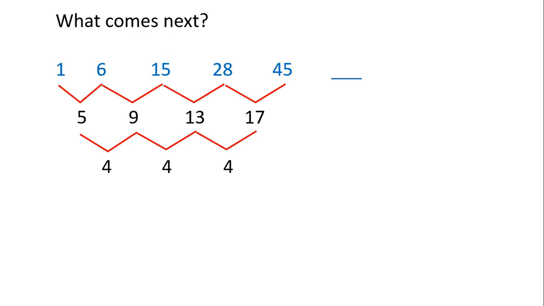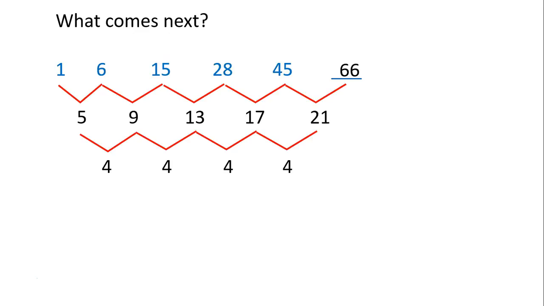So to find the number after 45, we're simply going to have to figure out what we're adding to 17. And we'll take this down to the second difference level to add 4 to 17 to see that what we should add to 45 is the 21. So the number after 45 is 66.